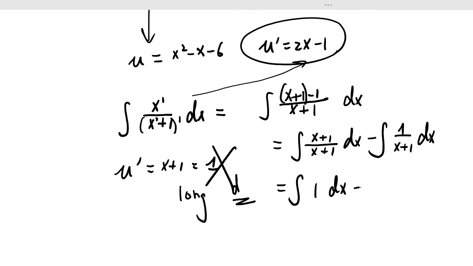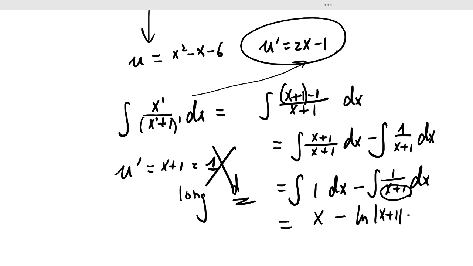The second part is just our rational function form for a basic ln problem. So now we can solve this. The integration of 1 is going to be x. For the second, this is a special case because u prime is 1, so that's going to be right away ln of x plus 1, plus c.